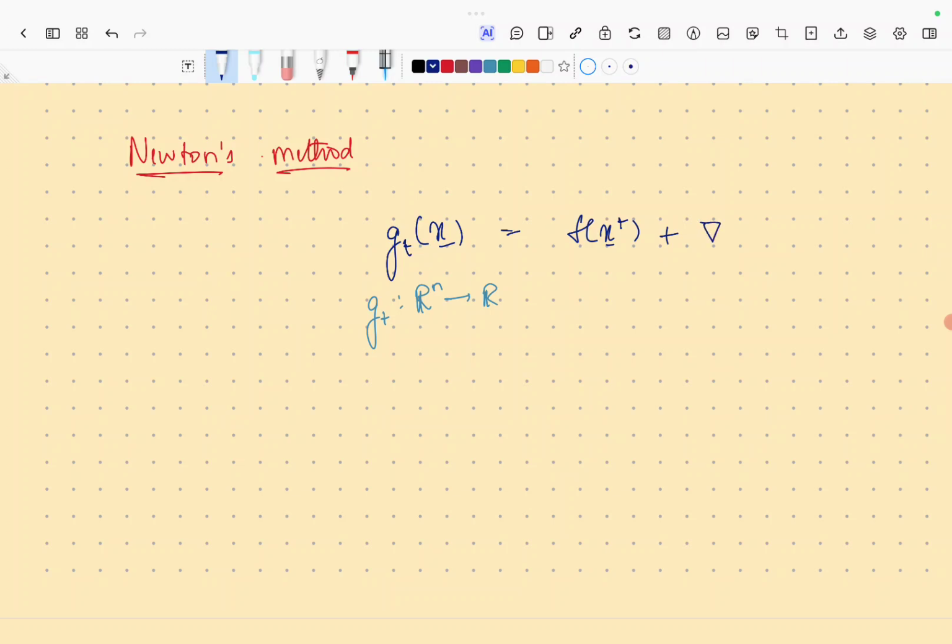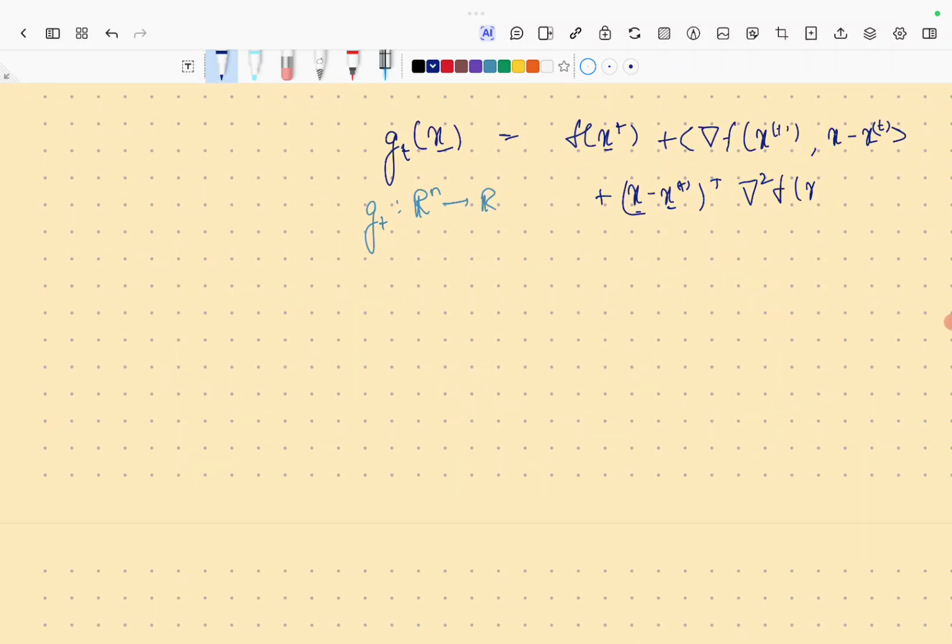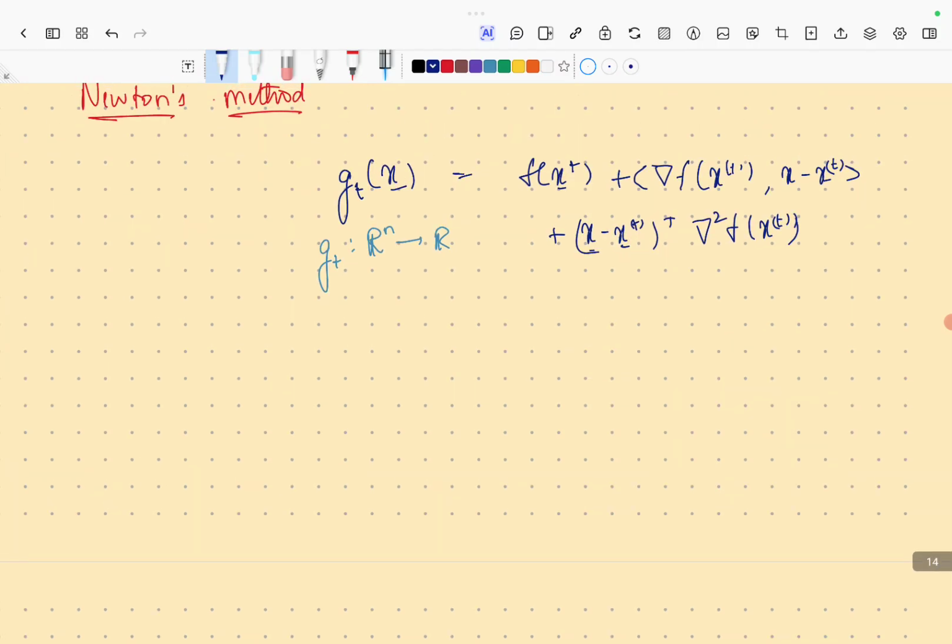F of xt plus the gradient of f at xt, x minus xt, plus x minus xt transpose the Hessian times x minus xt. That's right. There should be half.